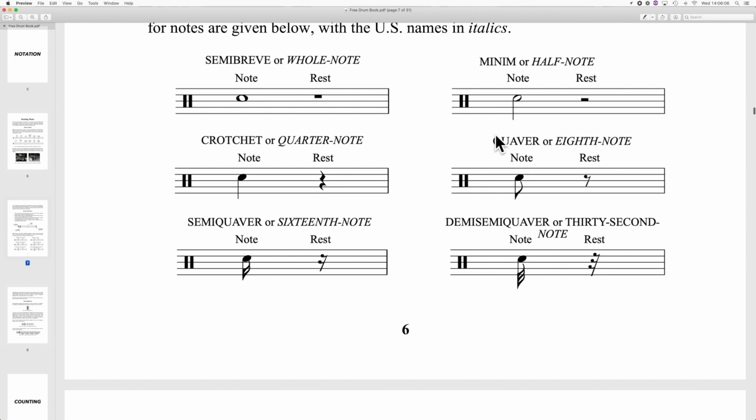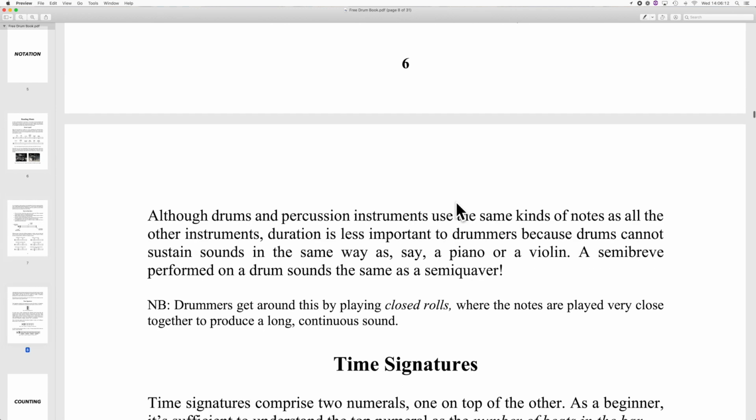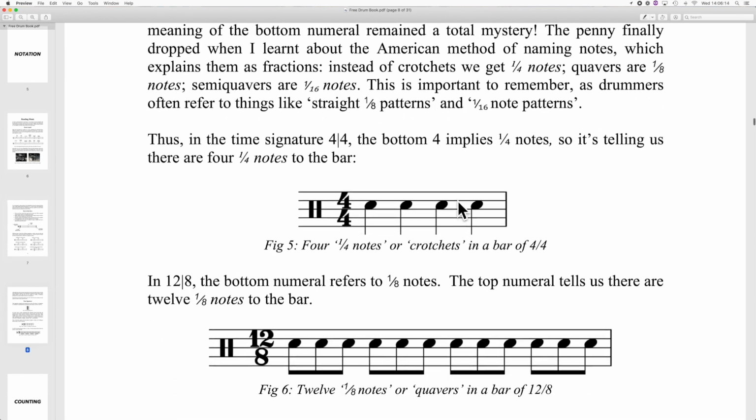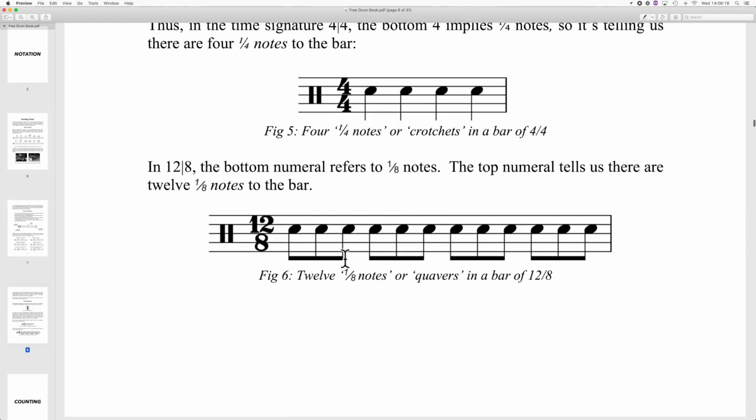There we go. A quaver, also known as an eighth note. So that's what they look like when they're by themselves. And when you join them up, they have a little beam that goes across like this. So we get 12 of those in the bar, and they're grouped together in threes just to make it a little bit easier to read.